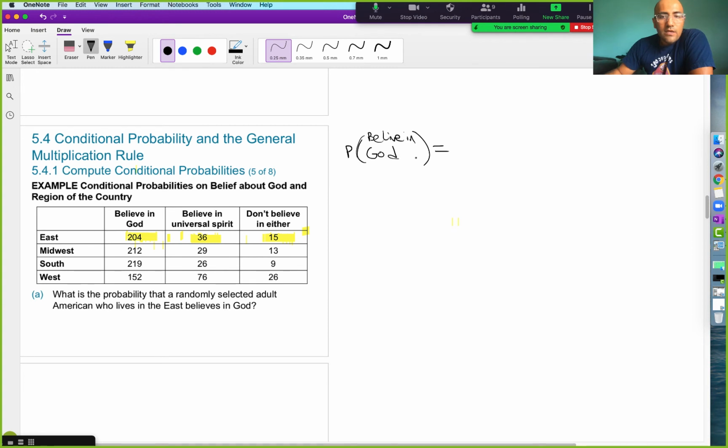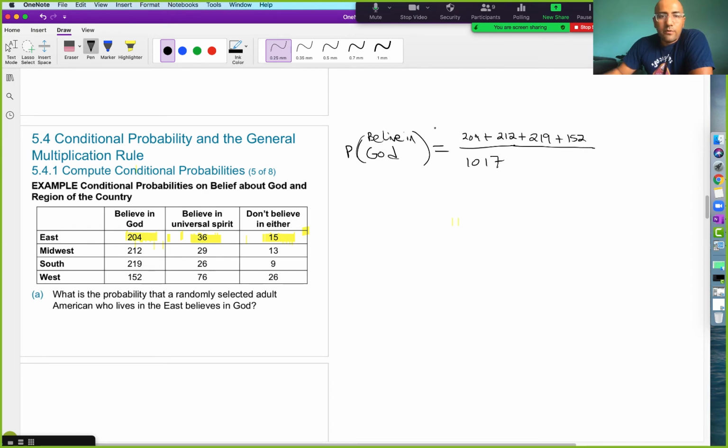Well, of the 1,017 people that were surveyed, how many people said, yes, I believe in God? Well, that would be the 204 plus the 212 plus the 219 plus the 151. Oh, sorry, 152.